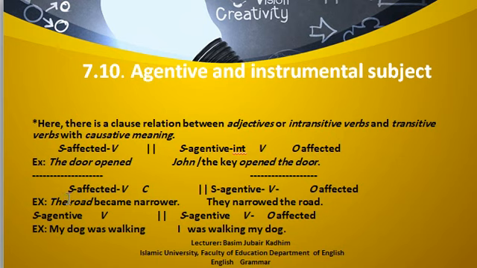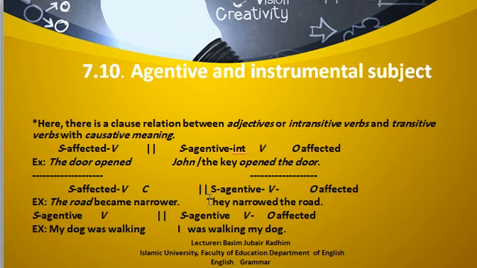Then the affected subject with the verb and complement, the copular verb and the complement. Now the subject, the road, the affected subject, became, which is the copular verb or linking verb, became narrower, the complement.